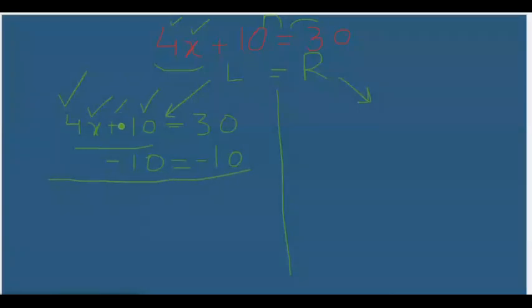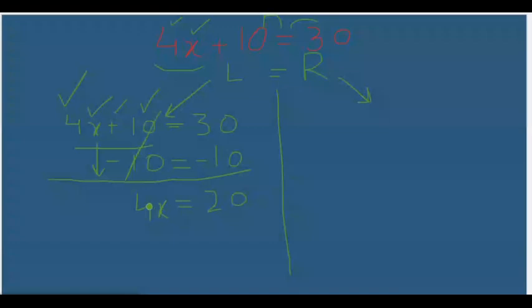So on the left hand side in the question, the 10 is written with a positive sign, so we will do the subtraction on both the sides with the 10 number. So this 10 will be eliminated from the left hand side, and 30 minus 10 will be 20. You write equal as it is, and what is left over is 4x.